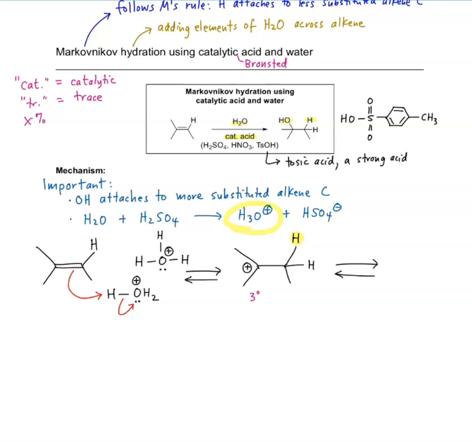So what happens next is that the water that you have in the reaction mixture can now act as a nucleophile, and it's going to attack the carbocation. We start an arrow at one of the lone pairs on the oxygen in water, and point to the carbon with a positive charge. That's showing that a bond is forming between oxygen and carbon.